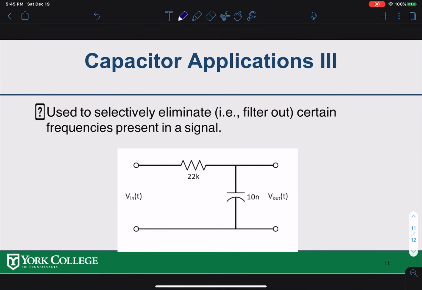Over here, we can also eliminate the high frequency. At high frequency, your capacitor acts like a short circuit, right?